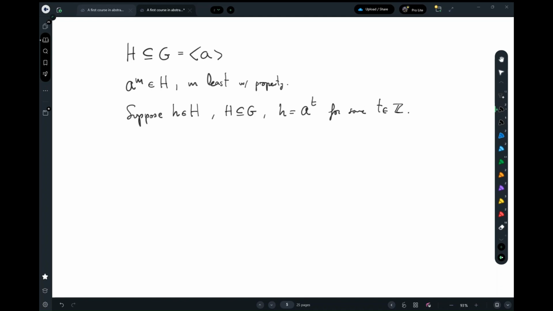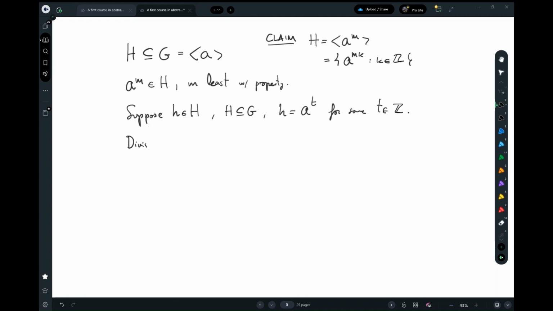So now the question is, so again, let me write here what the claim is. The claim is that H is generated by a to the m, so it is all the elements of the form a to the mk with k an integer. Okay, so I want to see that this t here is actually a multiple of m. I don't know that, but I know the division algorithm. By the division theorem, I can do division in the integers.